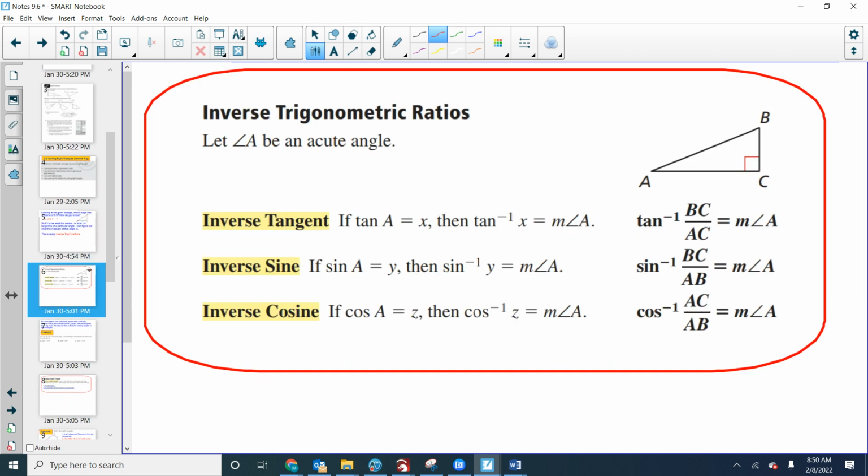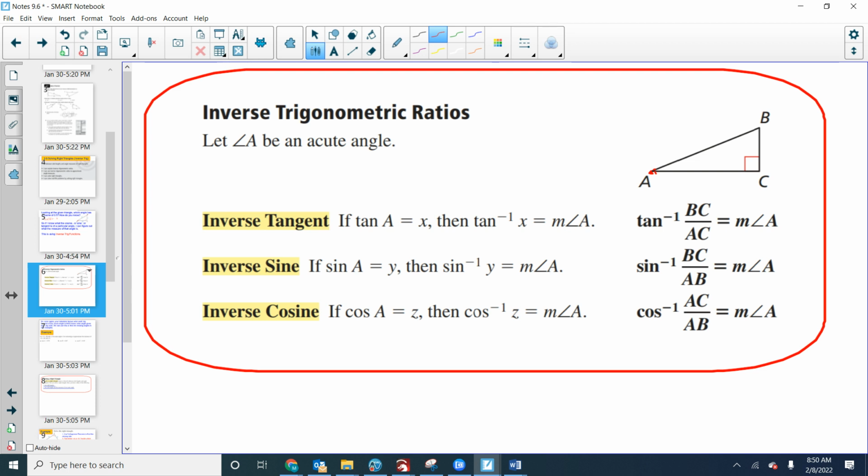Oops. If I want to find angle A, I know tangent has the ratio of what over what? Opposite BC over adjacent AC.